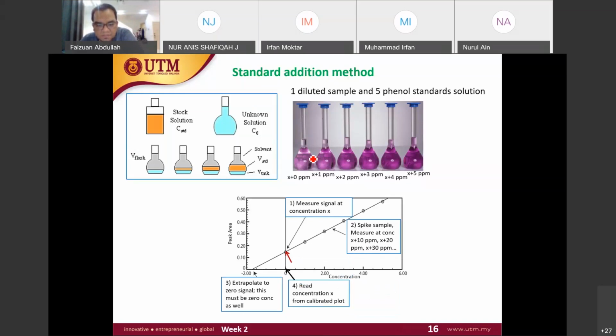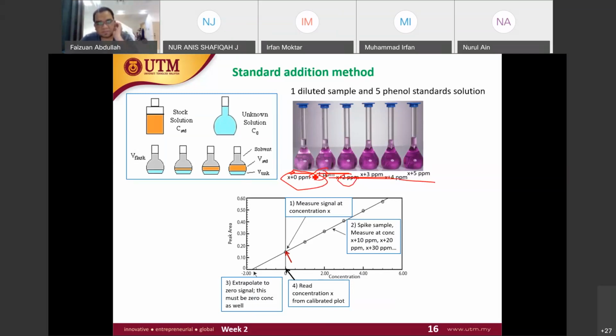The line that we plot no longer intercepts at the zero value of x, because in the beginning, x plus 0 ppm means the sample itself without the addition of any standard solution, and then x plus 1 ppm, x plus 2, and so on.